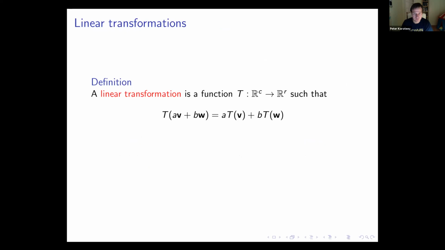Okay, so I think we should finish with examples of linear transformations, at least in this chapter. So here R^c is the domain, R^r is the codomain.